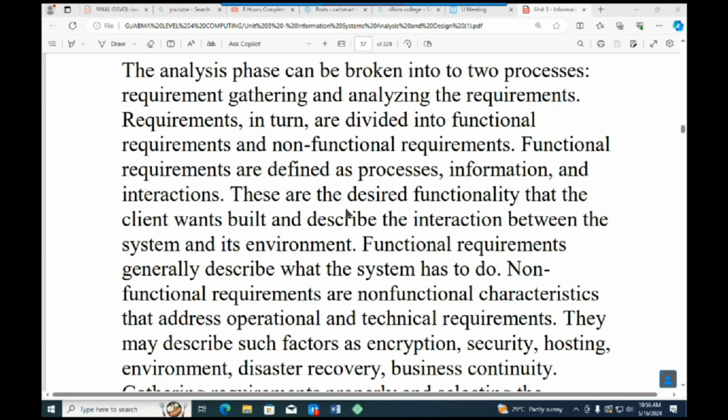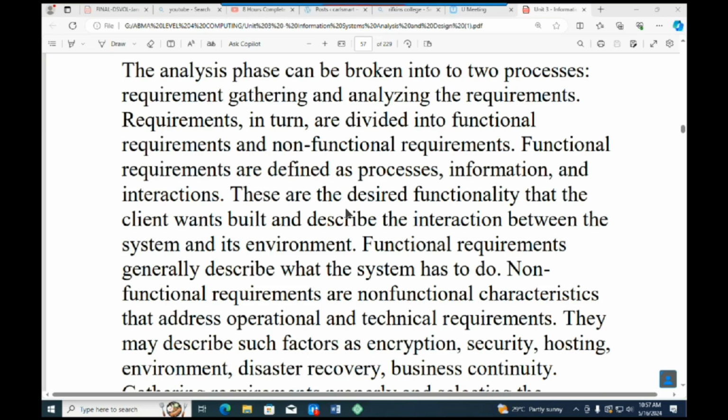Okay, now this group will give you the desired functionality that the client actually wants you to build. When we talk about the desired functionality, we are talking about the processes. They are also going to describe how the system is going to interact with the environment, and that is the aspect of interactions.